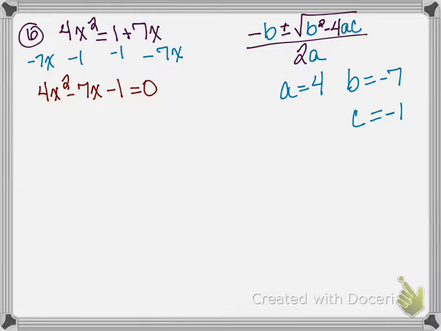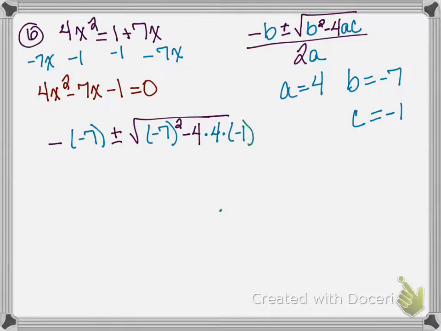So I have negative negative 7 plus or minus the square root of b squared minus 4 times a times c, and that is all over 2a.